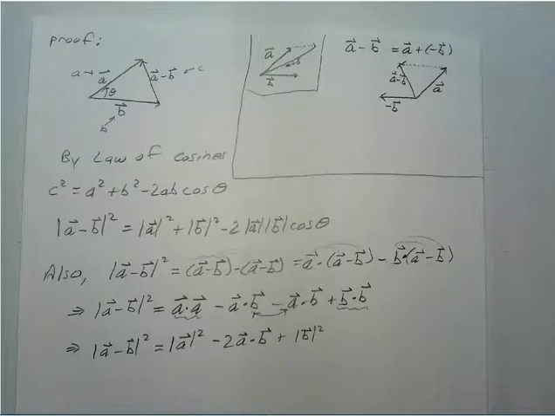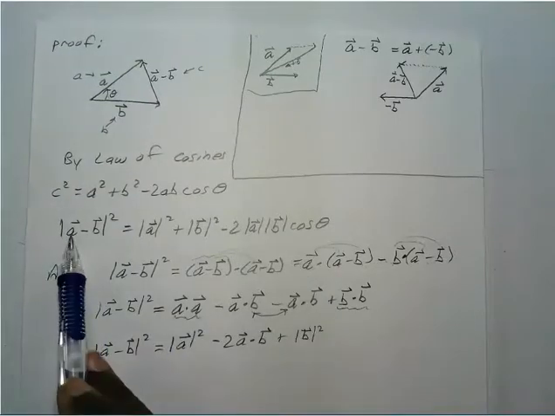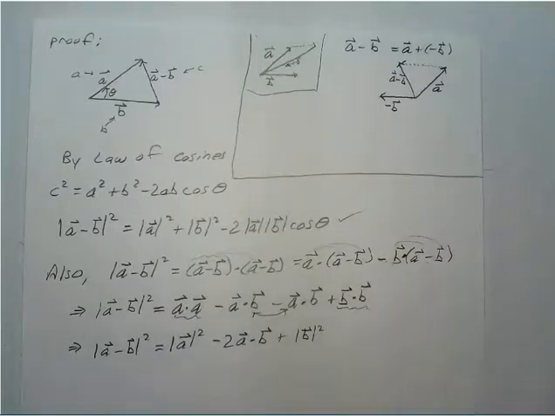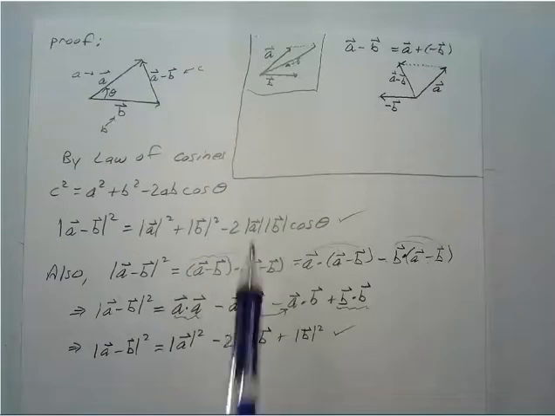Okay, so it helps us out because we know that the magnitude of A vector minus B vector squared is equal to this, but it's also equal to this, which means these two are equal to each other.